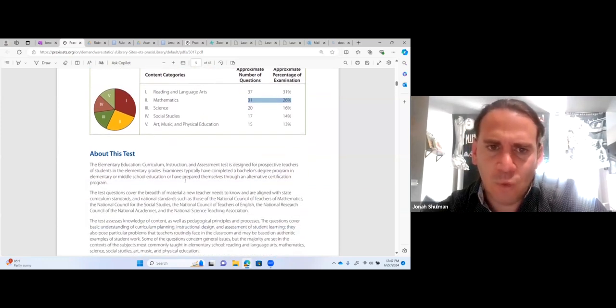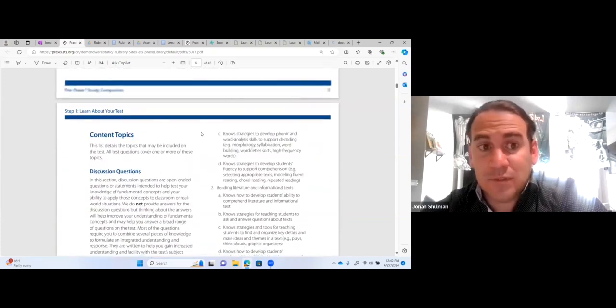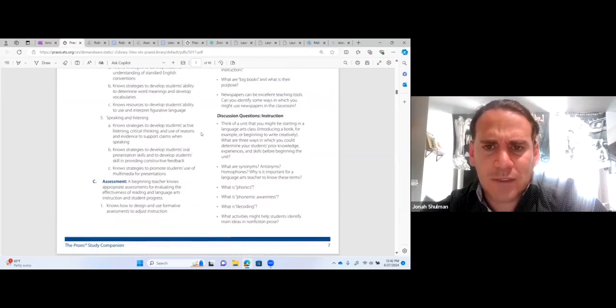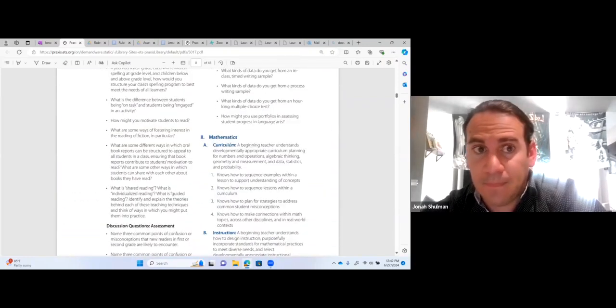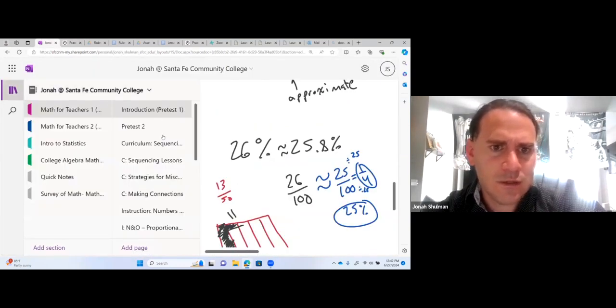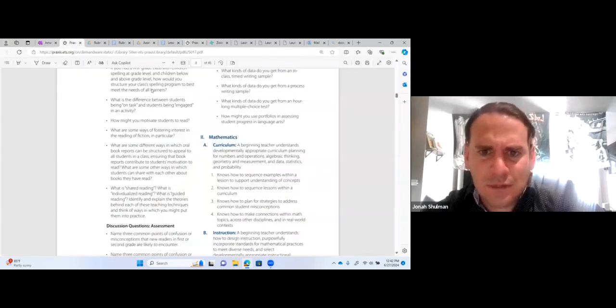So more information about the exam, the content topics. This is what we really need to see. So here's your content topics for mathematics. We have curriculum. That's why, as you can see in here, the first pieces that we're looking at are curriculum information. And the curriculum stuff in the test is basically just how to make a sequence.